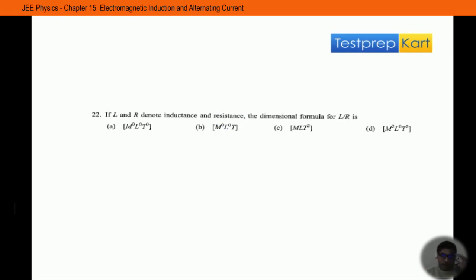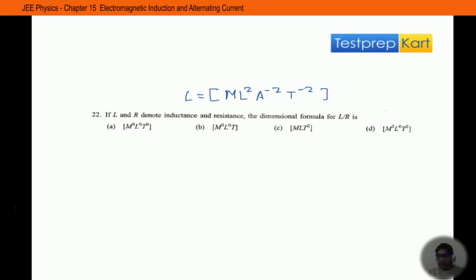Let's see the next question. It is saying, if L and R denote the inductance and the resistance, then find the dimension of L over R. In one of the previous questions we already calculated the dimension of L. The procedure is the same: you can calculate the dimension of voltage, then use the relation between voltage and inductance, and we'll get M L² A⁻² T⁻² for inductance.